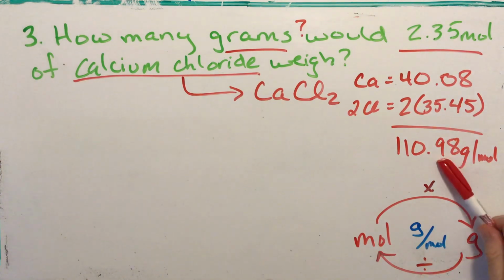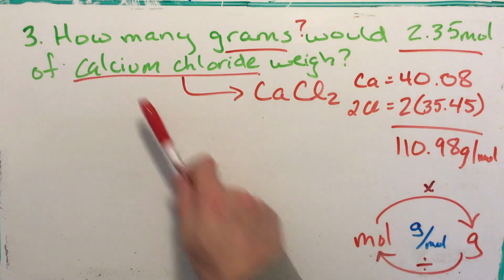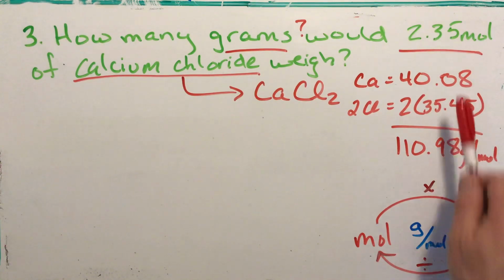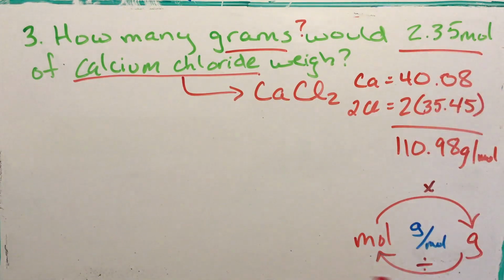So this is my molar mass. 1 mole of calcium chloride is 110.98. I've got 2.35 moles. So I already can kind of figure this out. If 1 mole is 110, 2 moles is going to be 110 plus another 110, so 220, and a little bit more for the 0.35. So my answer should be a little bit more than 220. Just thinking ahead, right?